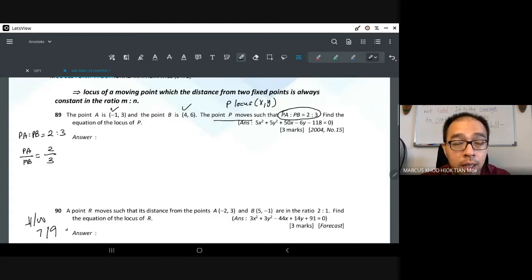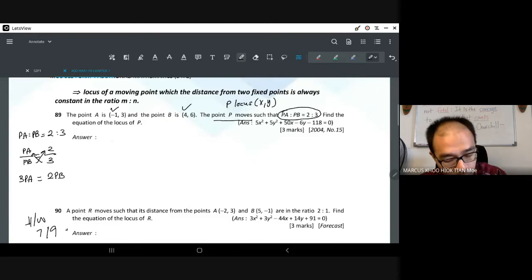Now, having a ratio is very, very menyusahkan lah. So kita cuba buatnya dalam satu barisan dengan cross multiply. And so we will get 3PA equals 2PB. And this is where kita mau mula.